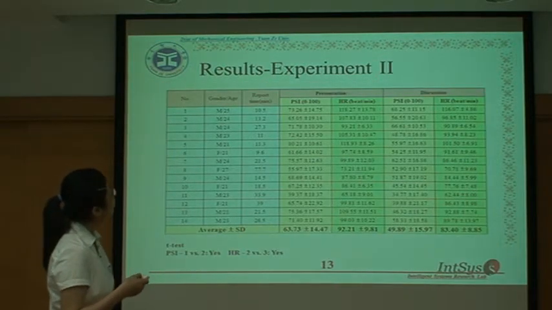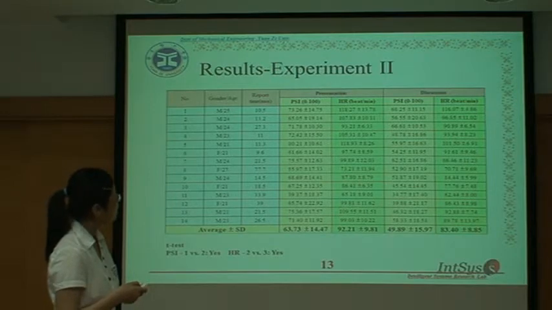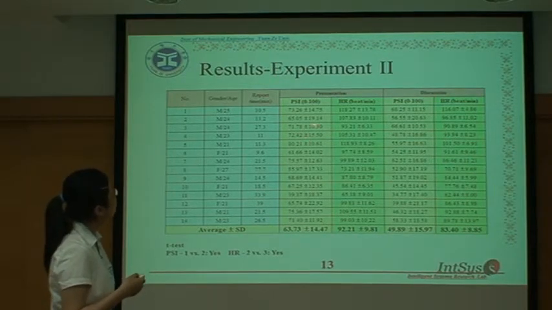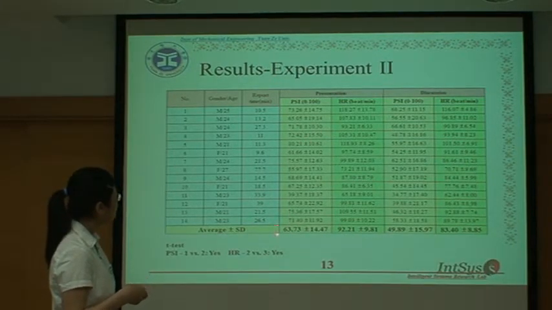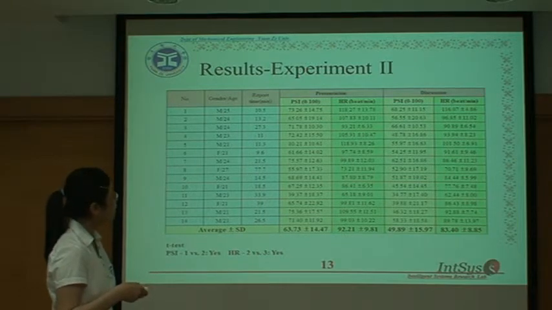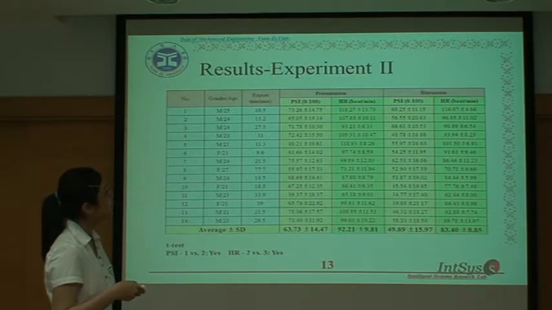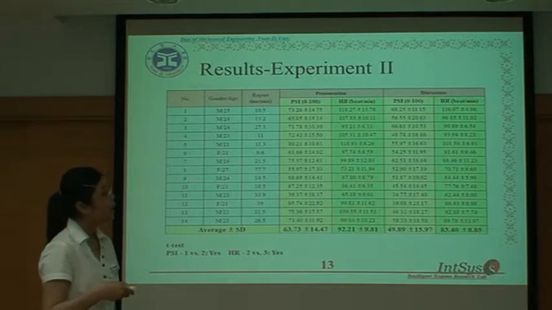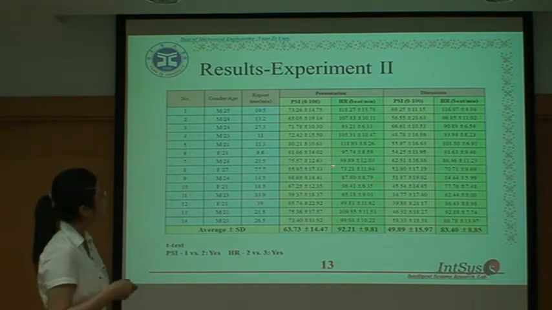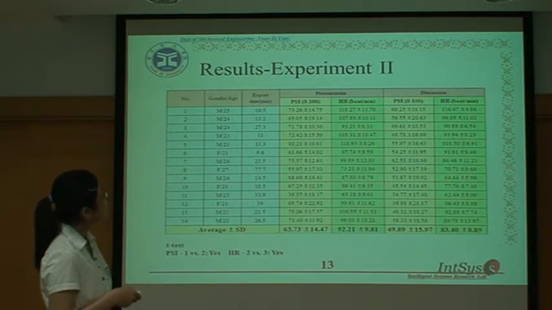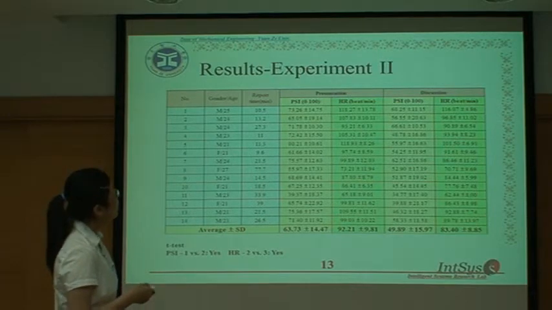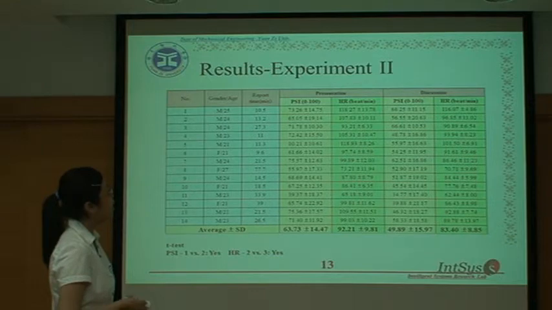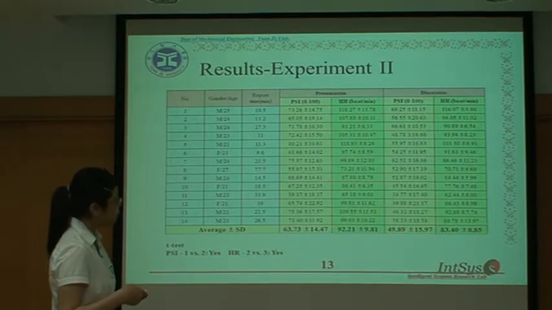And we also compare the presentation and the discussion. We can see during presentation, the PSI value is about 63, and heart rate is 92. And during discussion, PSI is 49, and heart rate is 83. So we think that is because during presentation, 2 professors are focused on the volunteers, so they would be very nervous.